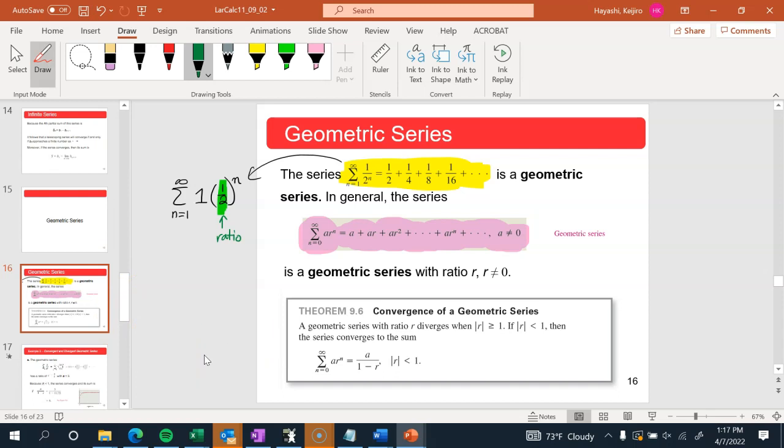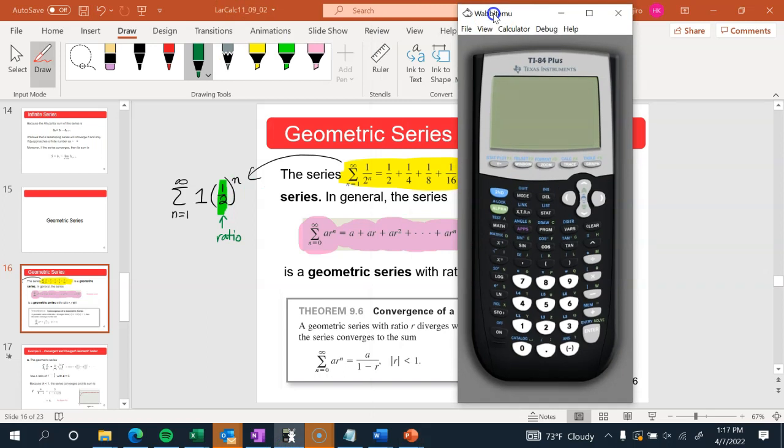If the absolute value of the ratio is greater than or equal to 1, it will diverge instead. And the reason for that is if you have a ratio that's less than 1, so for example, if you have a ratio of 0.999, that's less than 1, and you take something that's less than 1 and raise it to a particularly high power, and you just keep doing that for higher and higher powers.